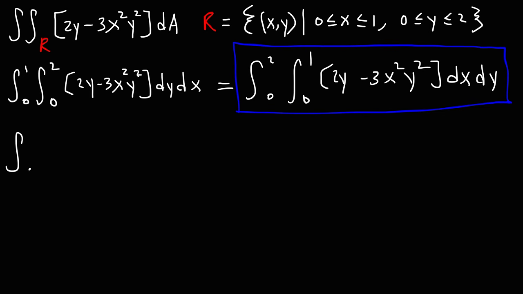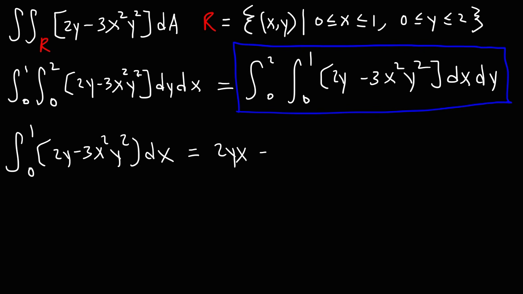So let's evaluate the integral from 0 to 1 of 2y minus 3x squared y squared dx. So that's going to be with respect to x. 2y is a constant. The integral of 2y dx is just going to be 2y times x. And then we have minus 3y squared.